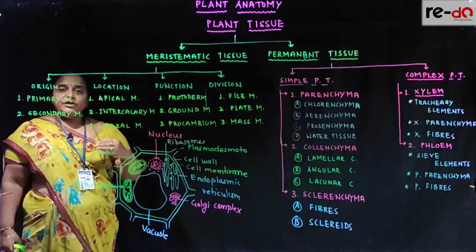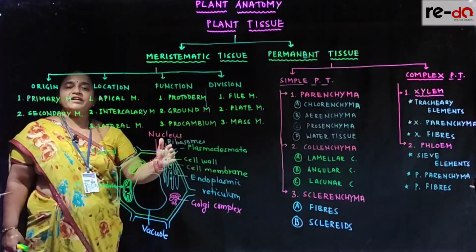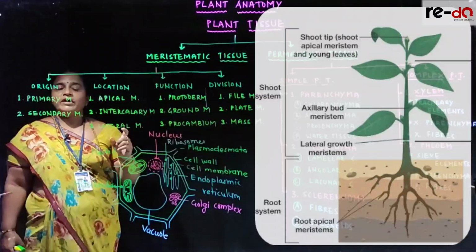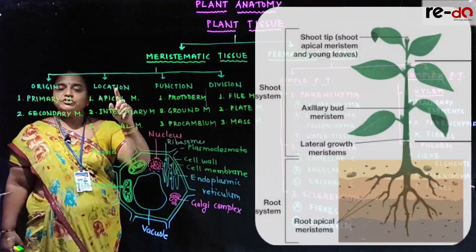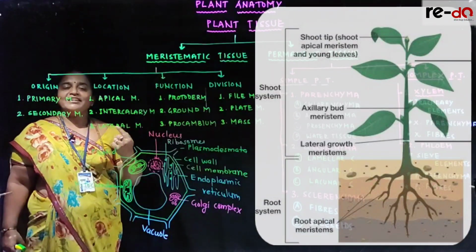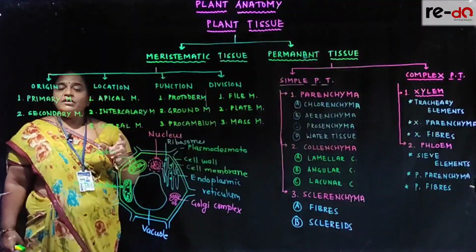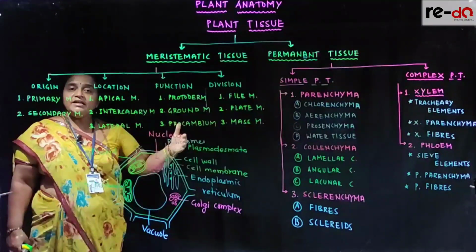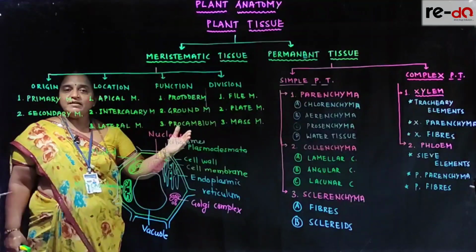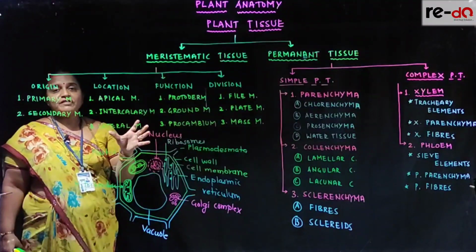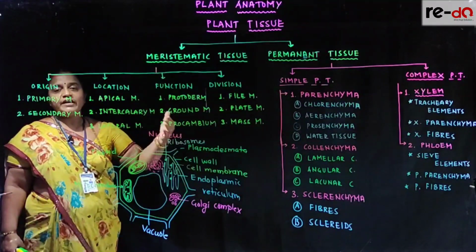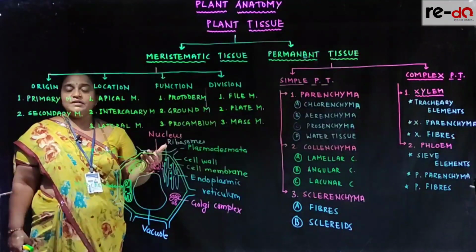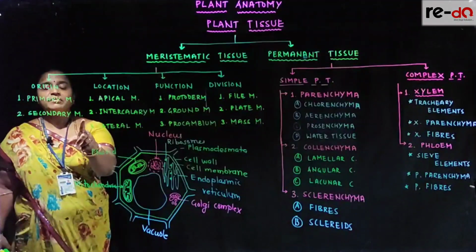All the plants during the first year of their growth will have dividing tissue located at the apex of the shoot and the root and located at the nodal regions, while only dicotyledonous plants, for perennial growth, meaning they are living for many years, after completion of first year of growth, when they go on to the second year, third year of their lifespan, they need extra tissues which are derived from secondary meristem.